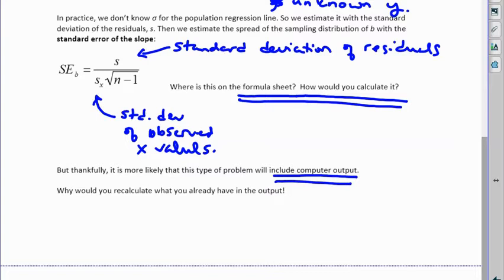So on the next page of notes, we can look at Minitab output and see where you would have found the standard deviation of the residuals, and where you would have found the standard error of the slope.